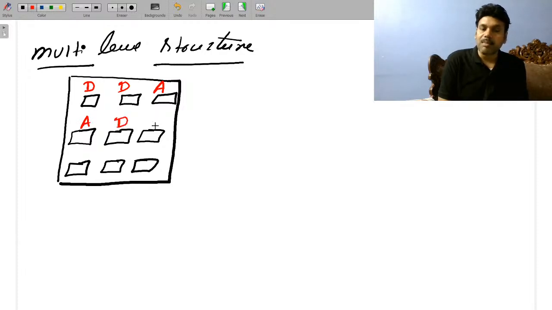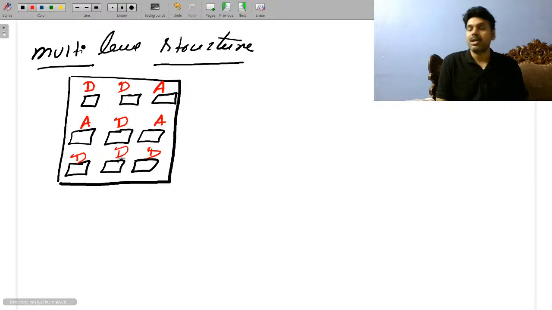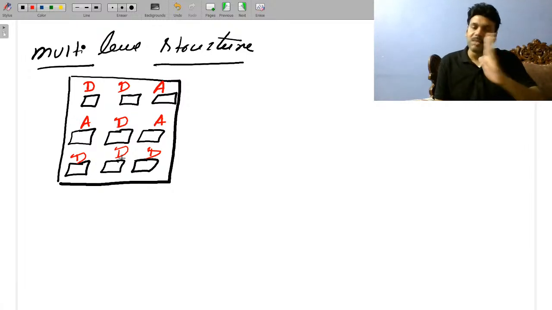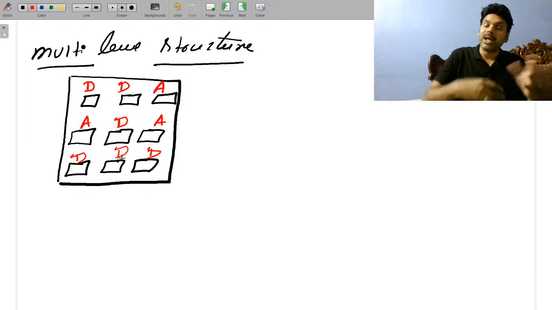Please understand, some blocks store data and some blocks store what? This kind of system is very similar to an indexing structure only, but I am expanding it.